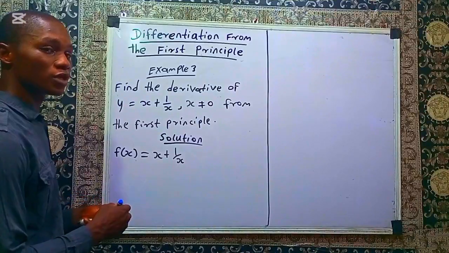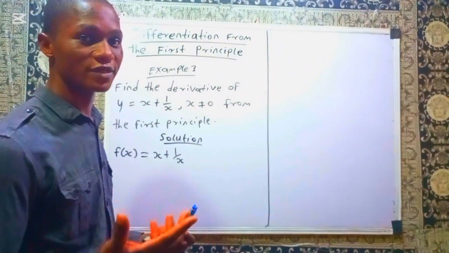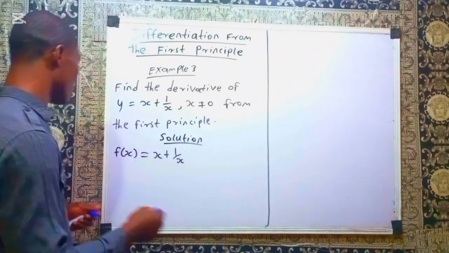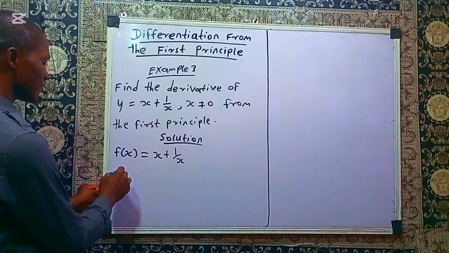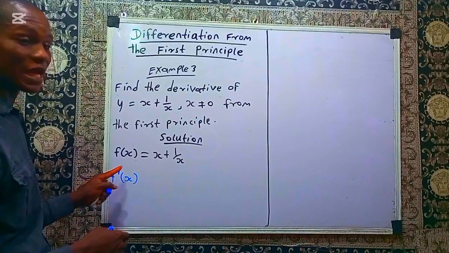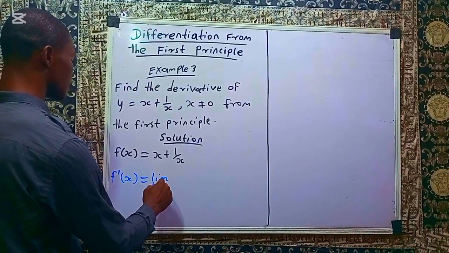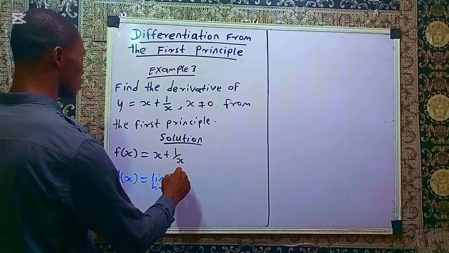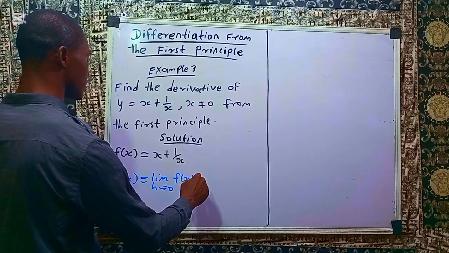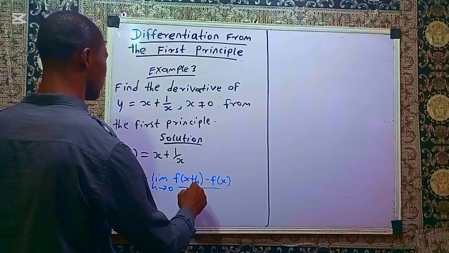So we are going to write the definition of the first derivative of a function from the first principle. We denote that derivative as f prime of x. This will be the limit as h goes towards 0 of f of x plus h minus f of x, divided by h.